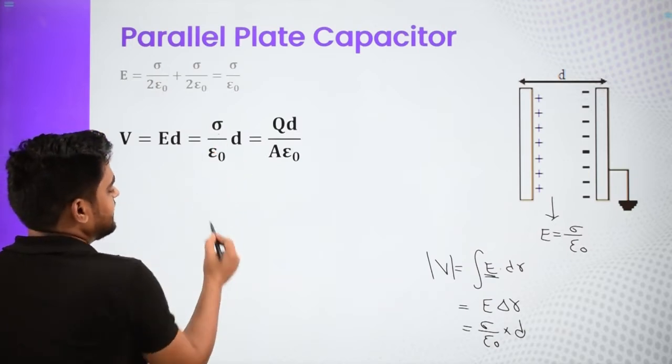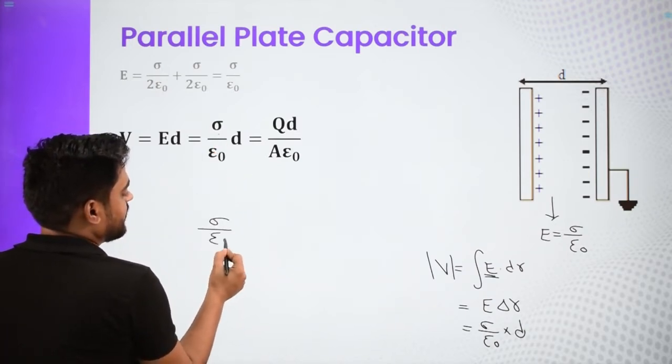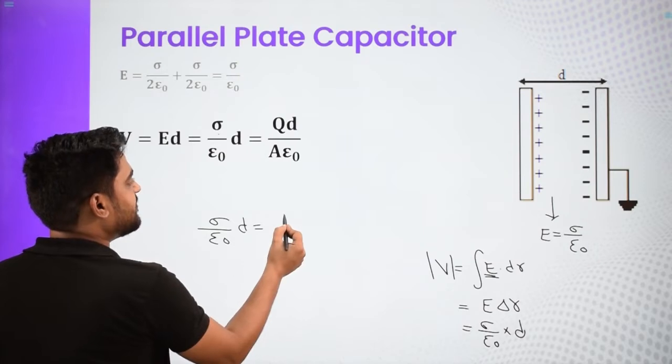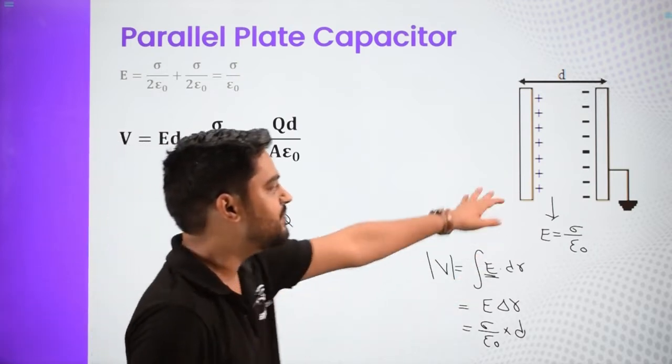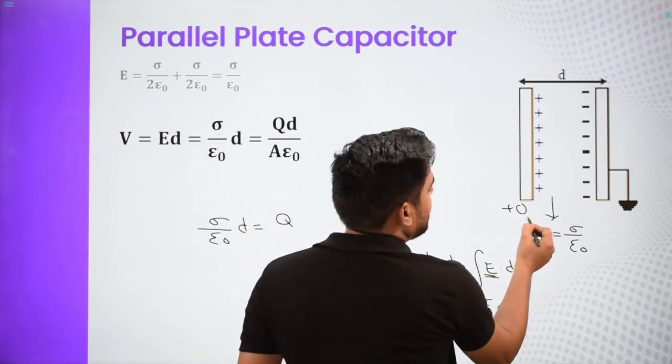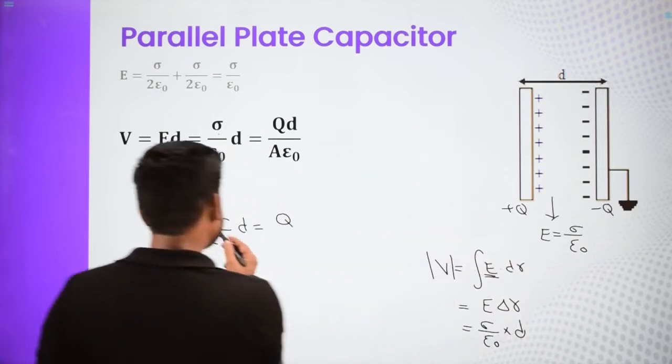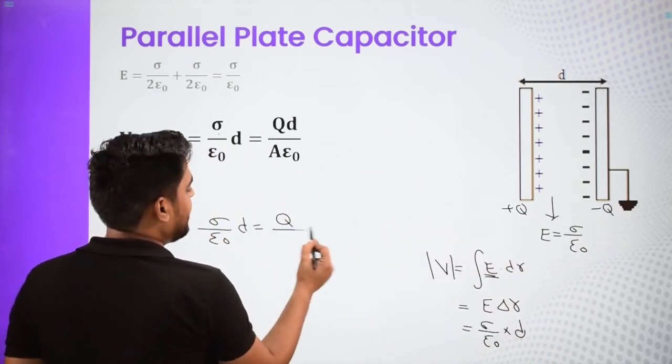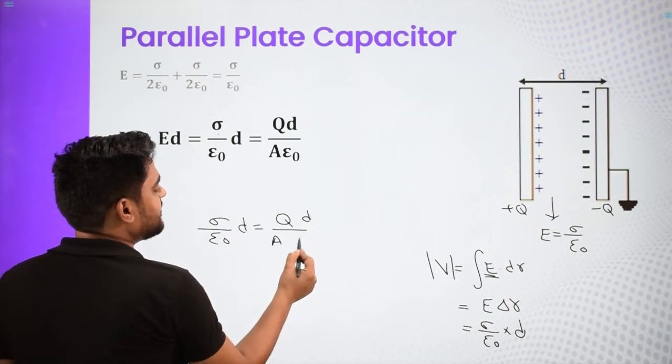I am putting back the value of sigma. Sigma is Q, which is the charge on each of the plates, positive Q and negative Q, and sigma is Q by A. D is here and epsilon naught is here.